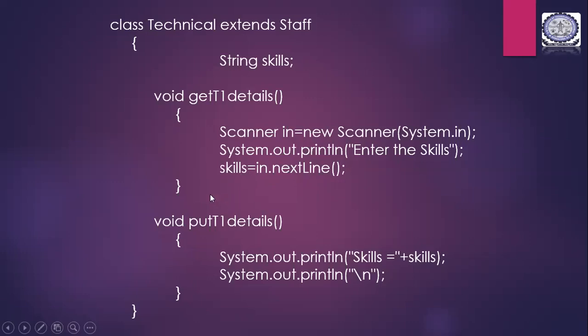There we used to write cin and give the right shift operator and mention the name of the variable, right? Here instead of cin we are giving it as in dot next line, in dot next int, in dot next float, in dot next double. So this is how we are going to give.